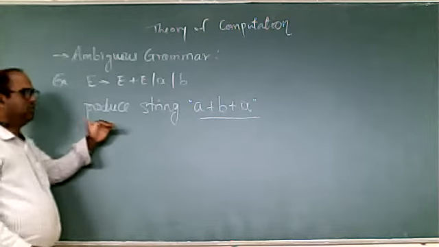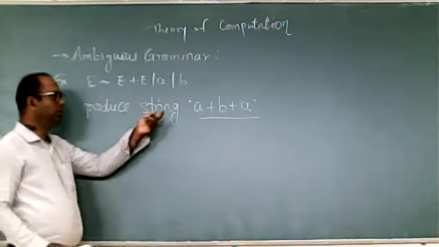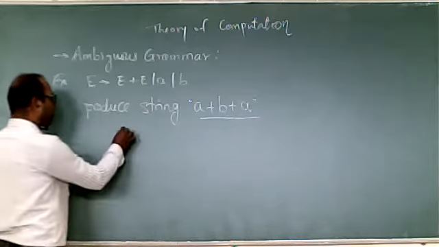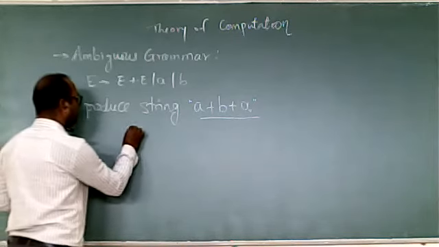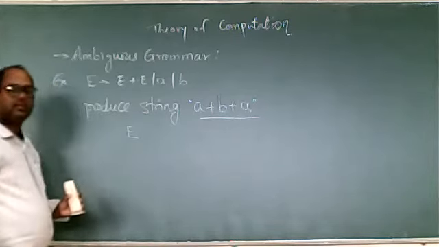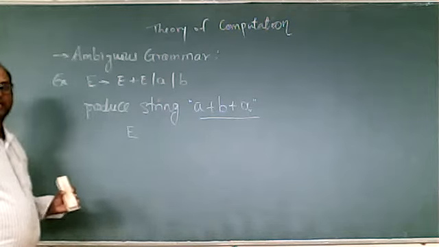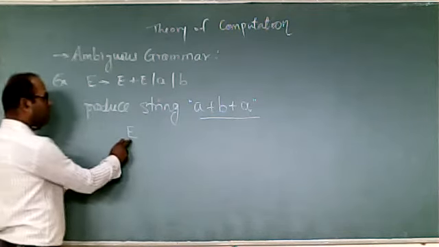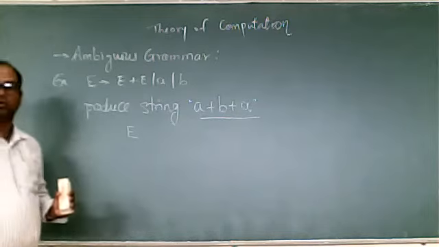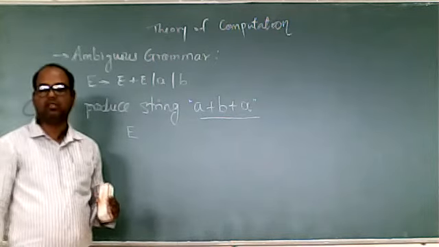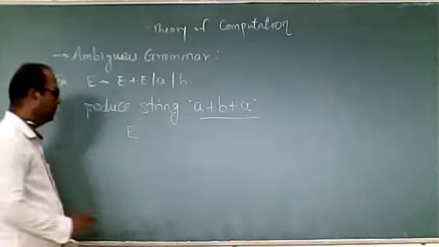So we'll use the parse tree to derive this string. How does the parse tree always start? The parse tree starts with the starting symbol. In a parse tree, the starting symbol is always the root node. Remember, the starting symbol is always the root node.